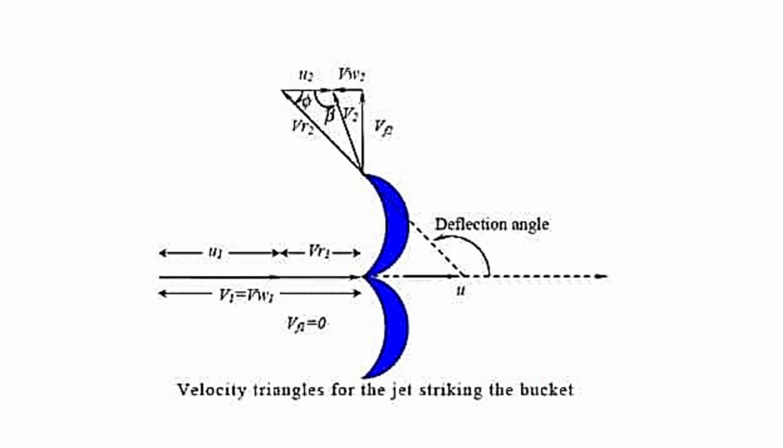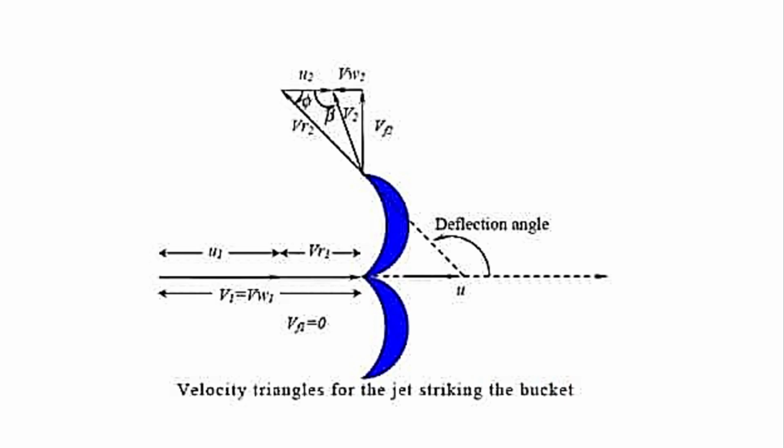You should remember one very important point: I should not use the term triangle for the inlet, because it will be a straight line in the case of the Pelton turbine. The Pelton turbine is the only single impulse turbine available, and the inlet triangle will be a straight line.